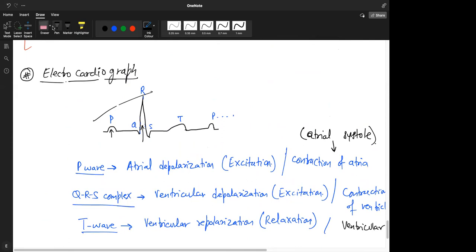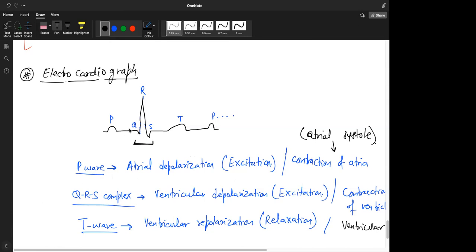So if the systole of atria is this much less powerful in comparison to the systole of ventricles, do you think that the diastole of atria, which is happening somewhere around this region with the ventricular systole, will be something you can actually detect? No, right? So the atrial diastole is so less powerful that it gets masked, it gets undetected within the ventricular systole because it happens simultaneously with the ventricle.